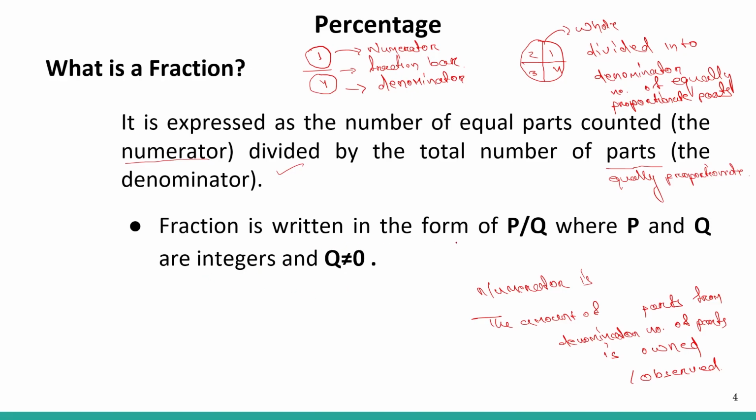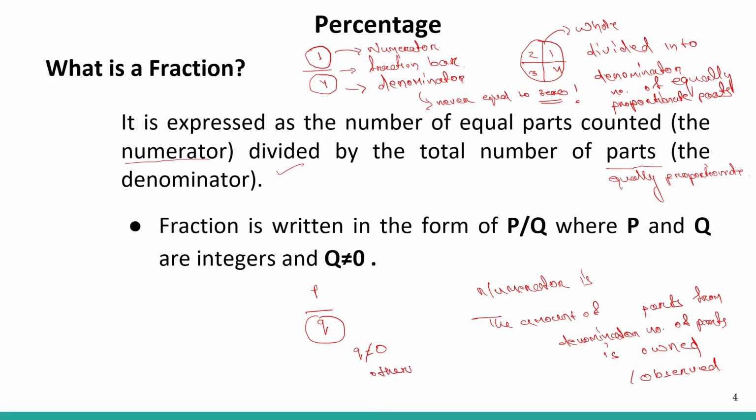So a fraction is written in the form of P by Q. Another point to be noted is that in P by Q, the denominator is never equal to 0. This part needs to be remembered. So Q is not equal to 0.